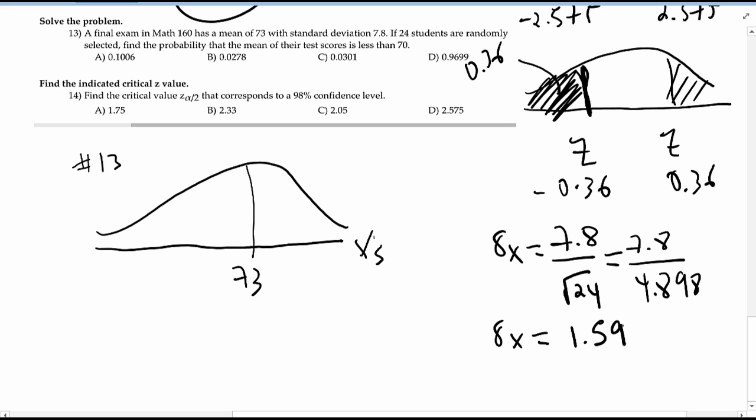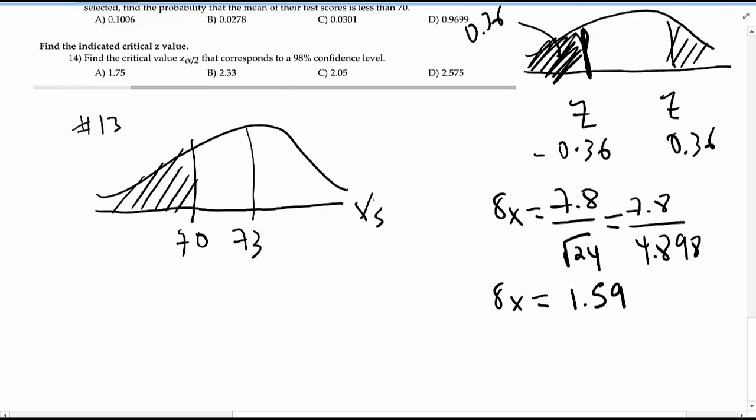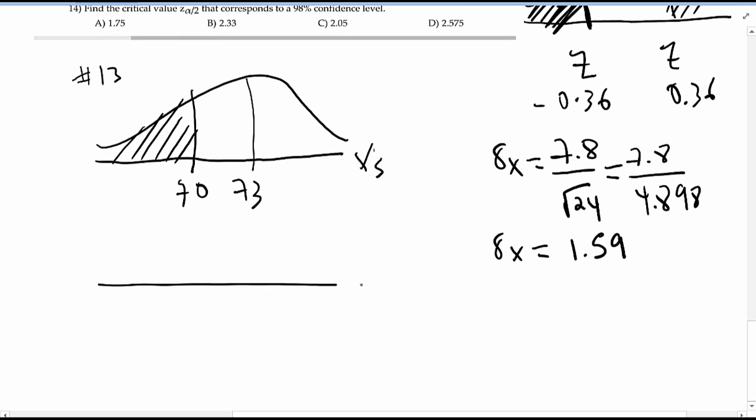This is the sampling distribution for sample means, and I want the mean of the sample to be less than 70, which is to the left of 73. So I want this area. Now we know what to do. We standardize the problem. The 73 will go to 0.